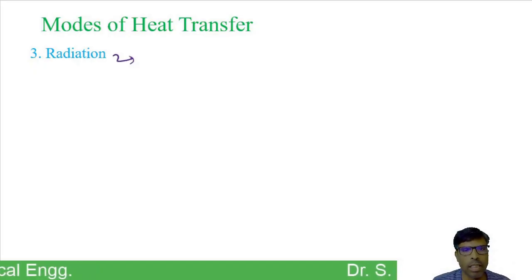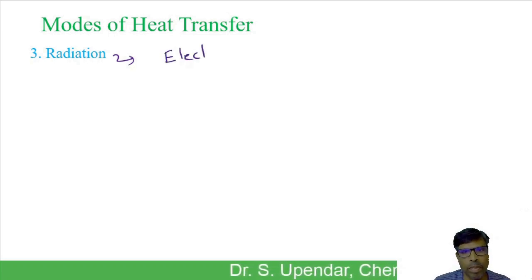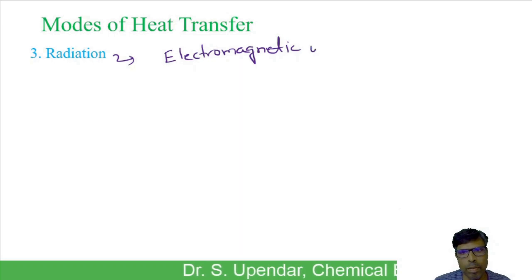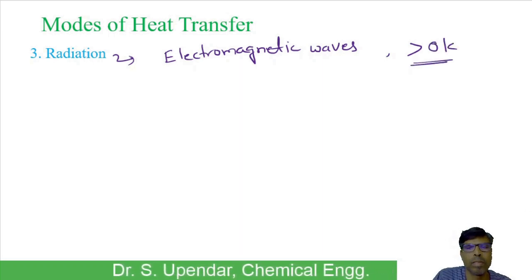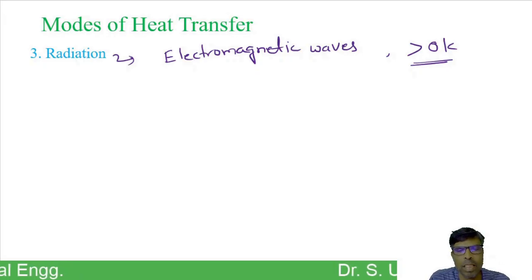Third one is radiation heat transfer. All bodies emit the energy in the form of electromagnetic waves with above 0 Kelvin temperature. If the energy transfer occurs in the form of electromagnetic waves without the presence of any intervening medium, then it is known as radiation heat transfer.